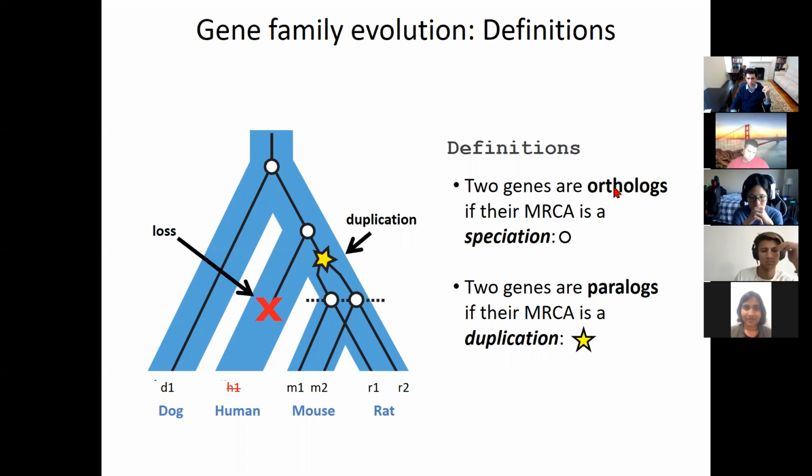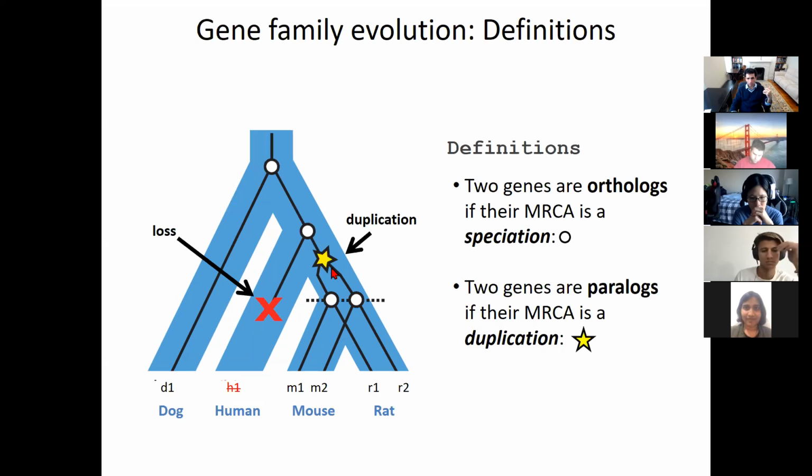So an ortholog is a gene that is most likely inferred to play the same function in the different species. And a paralog is a gene that is most likely inferred to have gained either gene dosage effects or potentially new functions for either one or both copies.